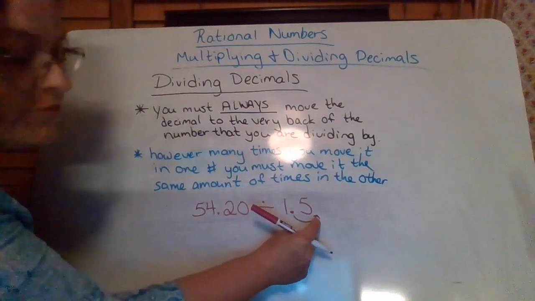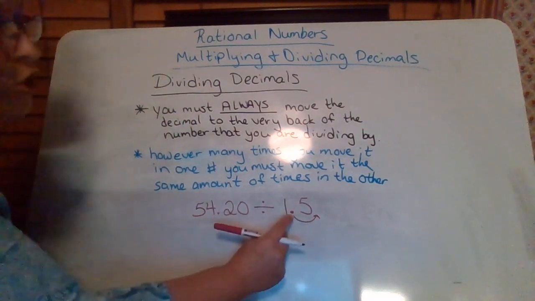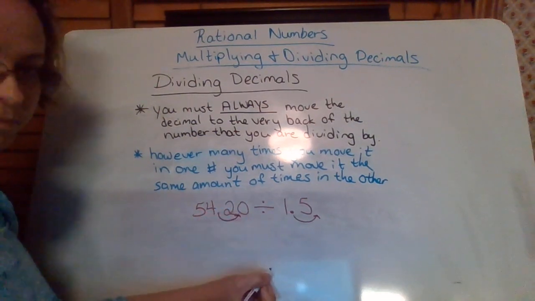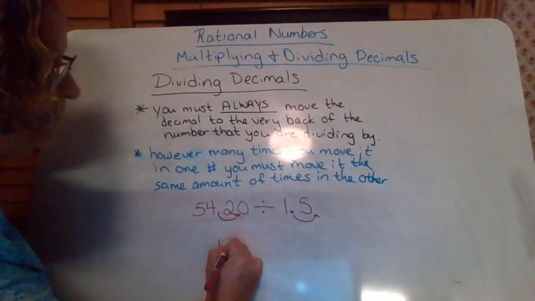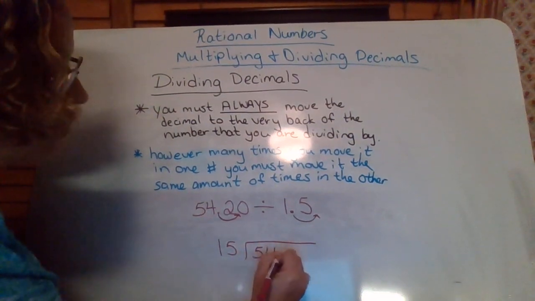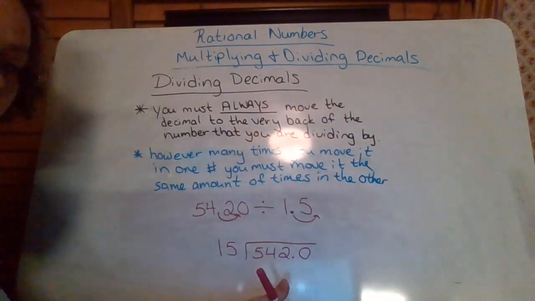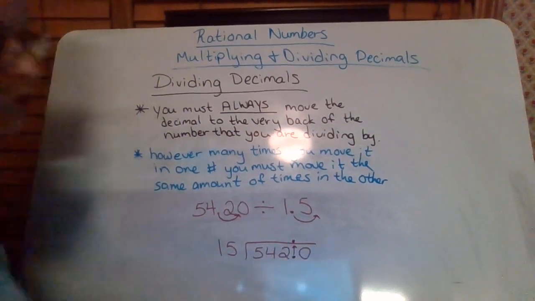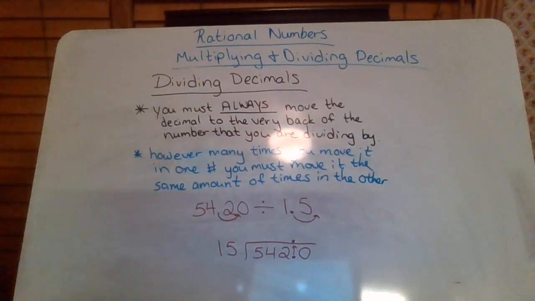However many times I have to move it for it to be at the back is how many times I have to move this one as well. So I move this one time, so I have to move this one time. So this means that now I have 15 and I have 542.0. Once you've moved your decimals, you can then pull your decimal straight up from where it was. Straight up the stairs. It lines straight up. Okay? Now I can do my division.